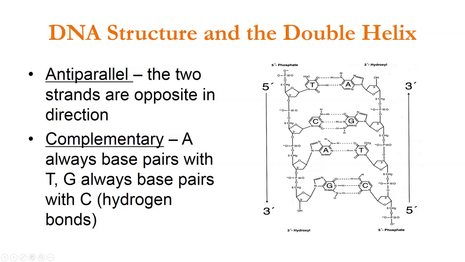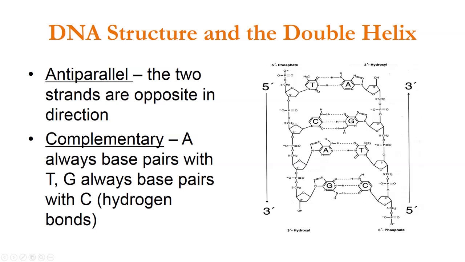Well, the ends of these two DNA strands go in opposite directions. That's what we mean by anti-parallel. They're parallel, but going in opposite directions. One strand is going 5' to 3', and this strand over here is 3' to 5'. You see what I'm talking about? They're going in opposite directions.